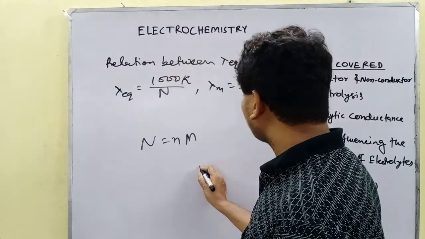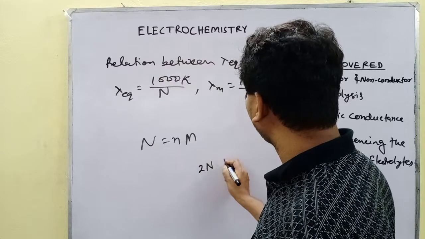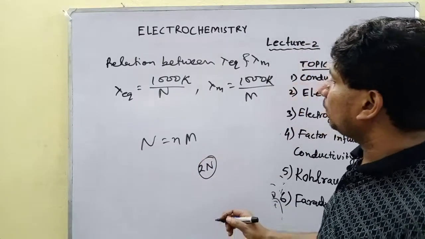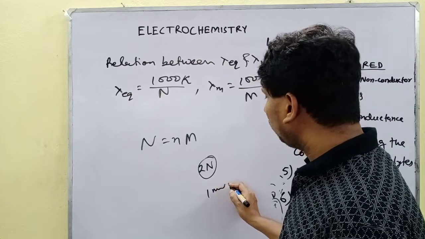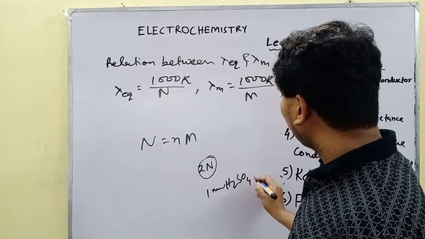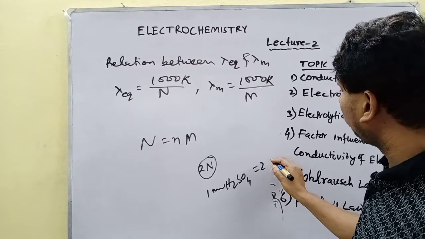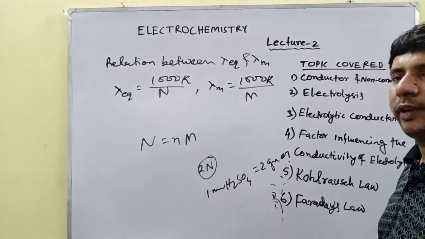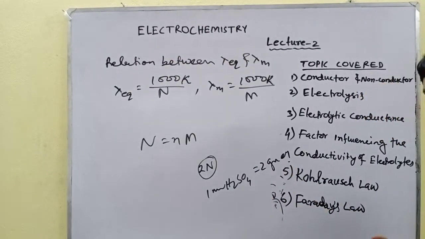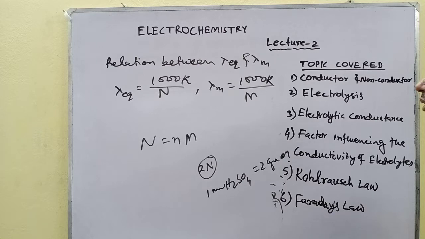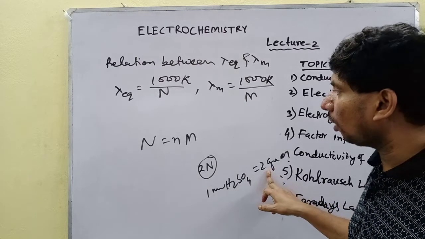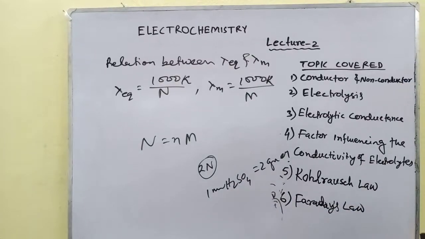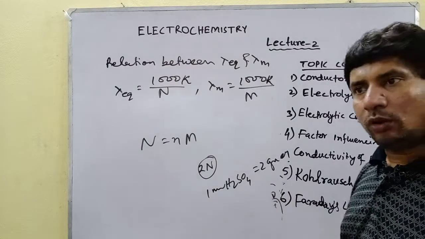You already know the sulfuric acid, 2 normal sulfuric acid. That's mean 1 mole H2SO4 equal to 2 gram equivalent sulfuric acid. Then 2 normal equal to 1 molar.